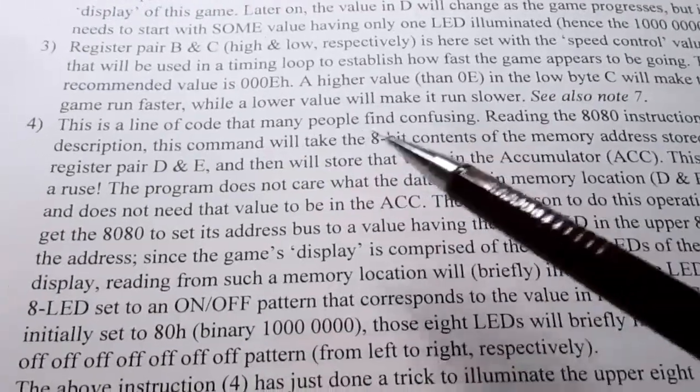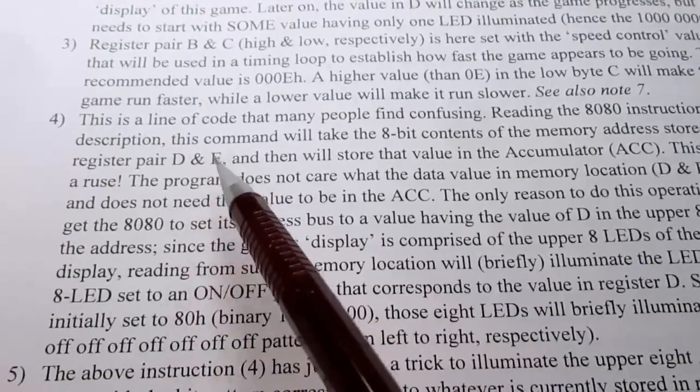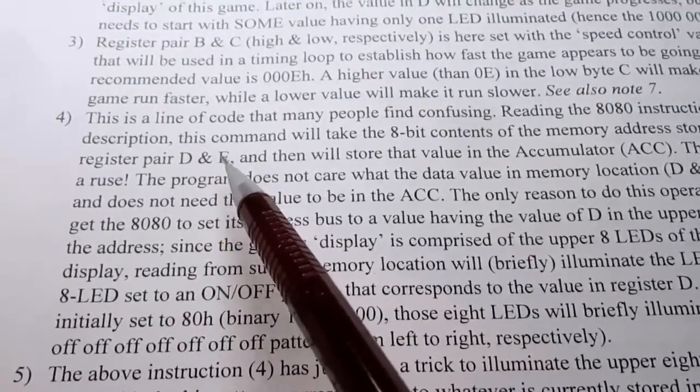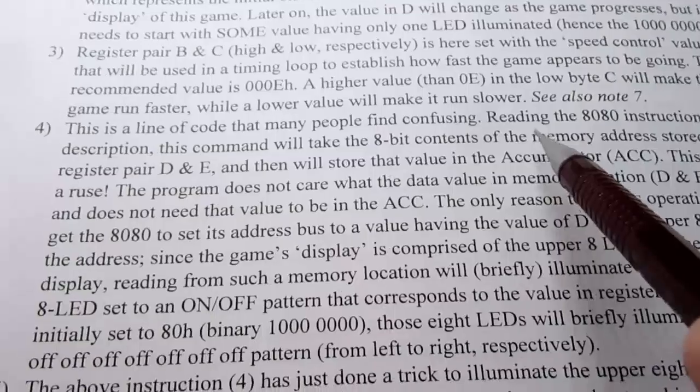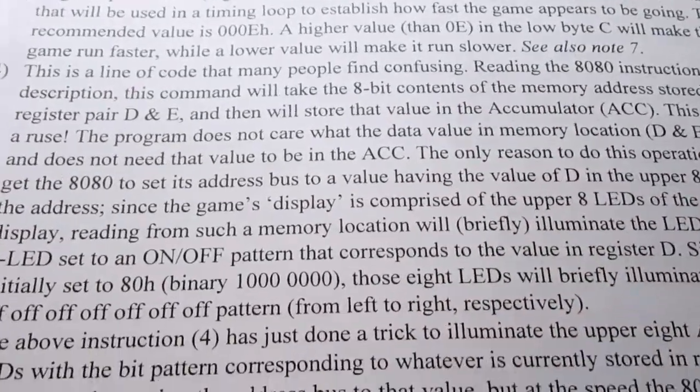That's what that instruction is supposed to do. Go to registers D and E, see what address is stored there, go to that address, get its contents, and stick those contents in the accumulator.